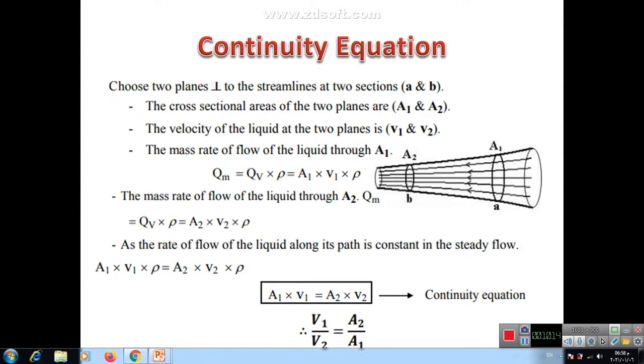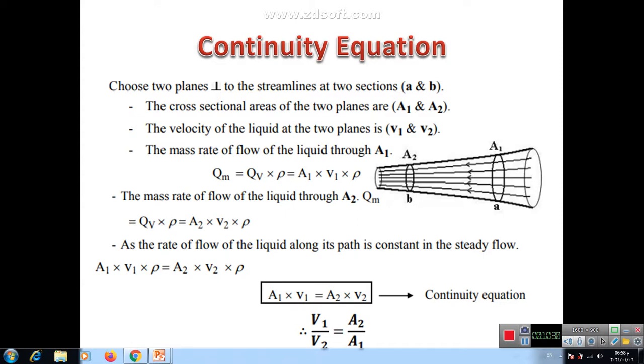Now we want to know the deduction of the continuity equation, which means the relation between the flow speed of liquid and the cross-sectional area of the tube.